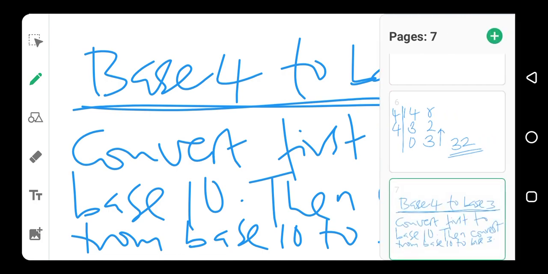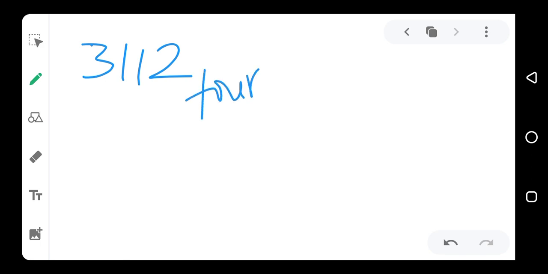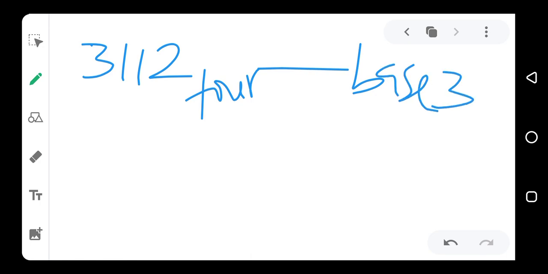For instance, if we are given 3, 1, 1, 2 in base 4, and we are asked to convert this to base 3, how do we do it?